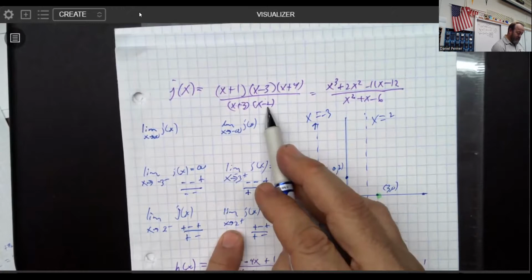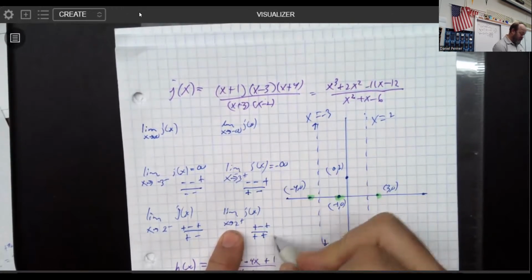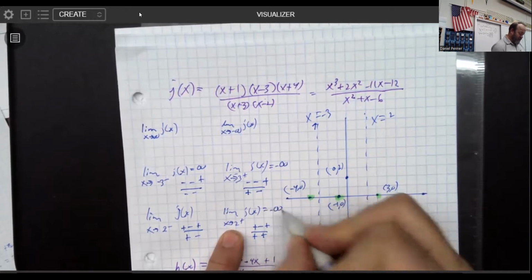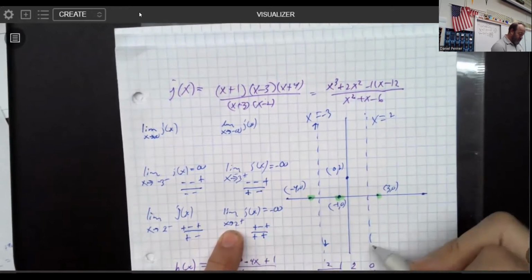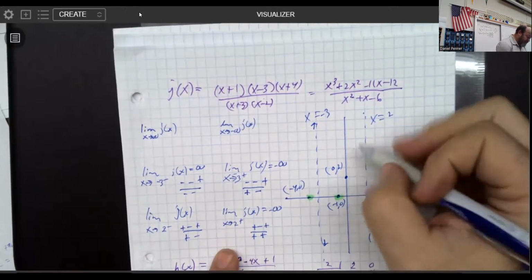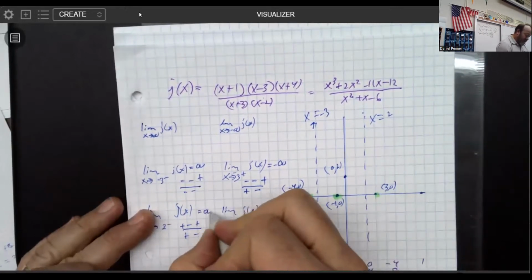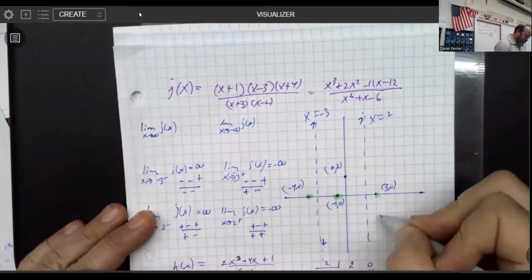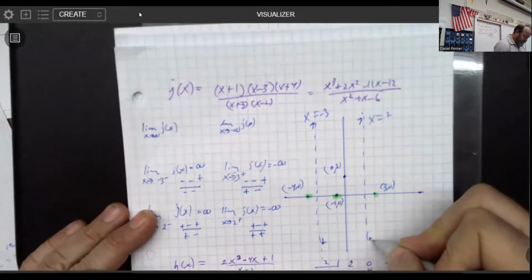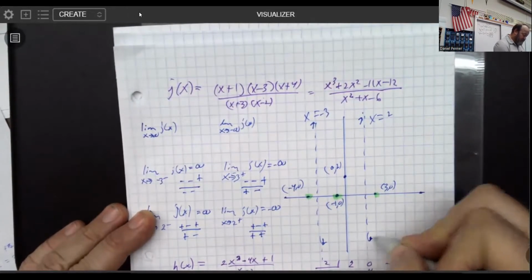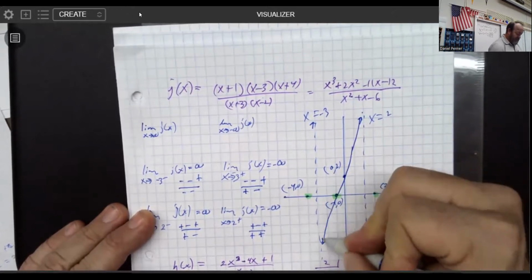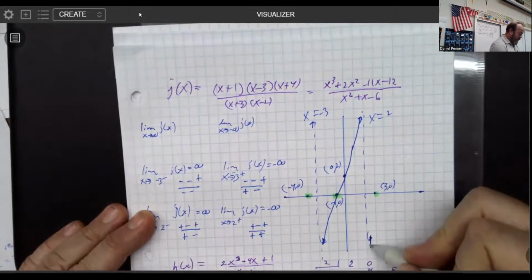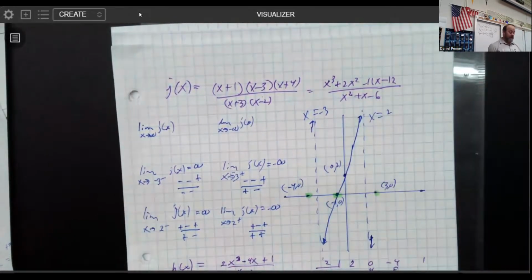So notice if I went to the higher side of 2, like 2.1, that one would be positive. So it looks like it cumulatively became negative because I only had one negative factor. So I think I've got all the pieces that I needed. I had an up here and I had a down here, I think is what we said. And so I could play connect the dots. It's going to go something like this.